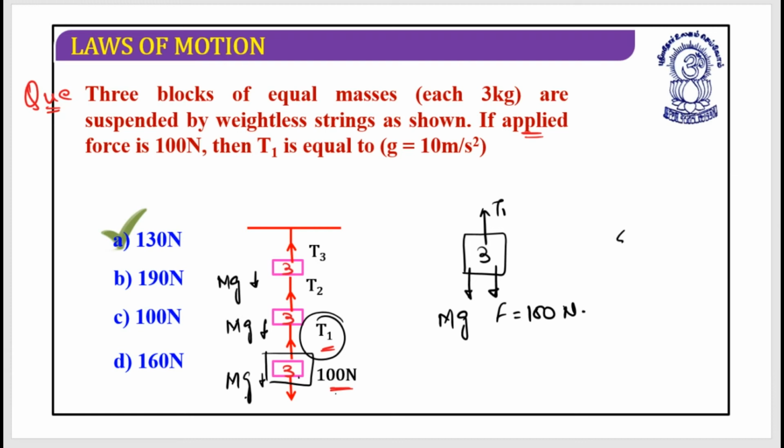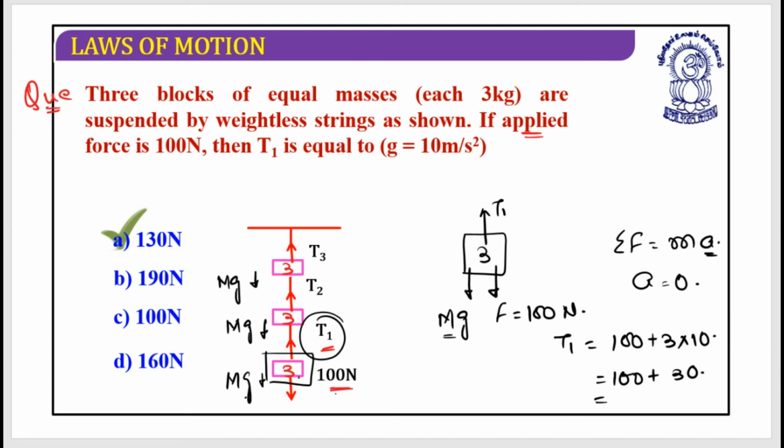So here sigma F equals mass into acceleration, and acceleration equals 0. So T1 equals 100 plus mass, which is 3, multiplied by G, which is 10. This equals 100 plus 30, which could be written as 130 Newton. That's it. You did it.